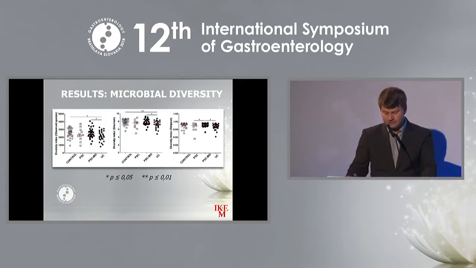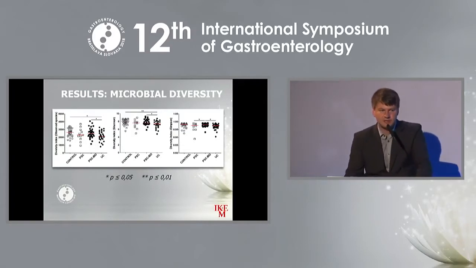What we saw was that all the diseased patients with either liver or gut disease had a lower microbial diversity, and this correlated well with the disease activity. As I mentioned earlier, the patients with PSC-IBD have mostly a mild course, while the UC patients usually have more severe inflammation.